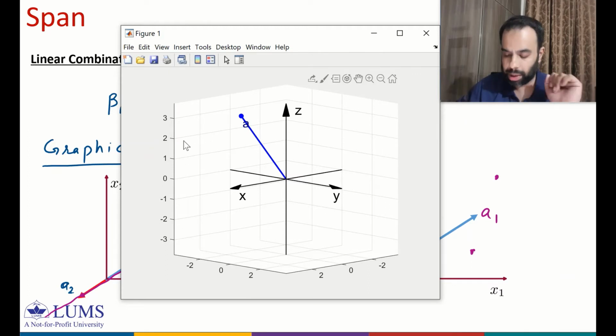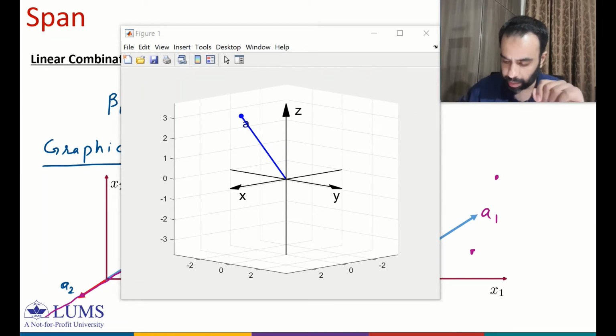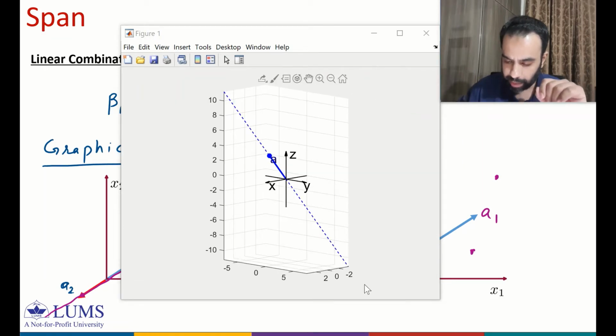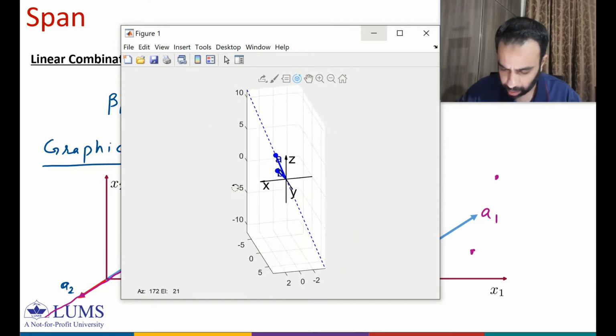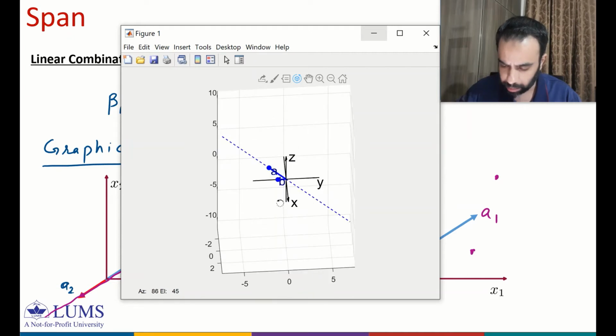We don't have any addition. So the linear combinations of this vector A would be the whole line passing through this point A. Let me add another vector to this three-dimensional space. Now we have two vectors A and B, and they are not on the same line.